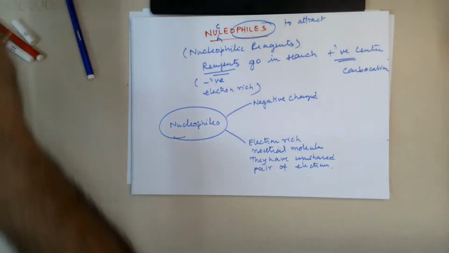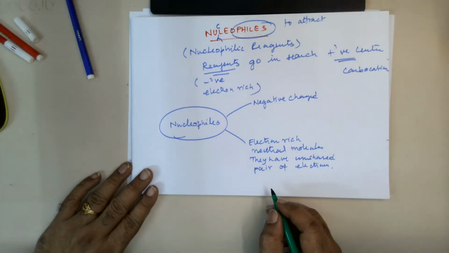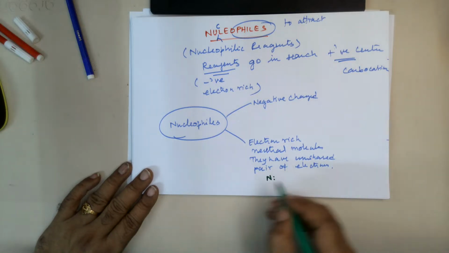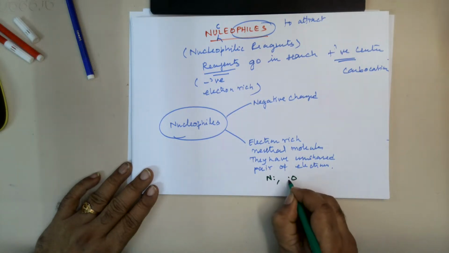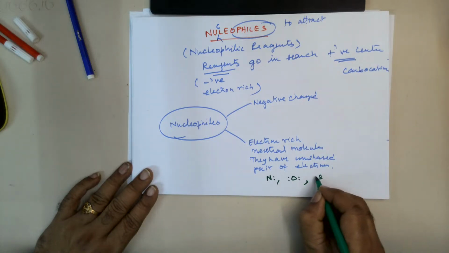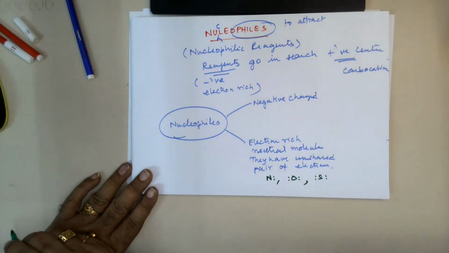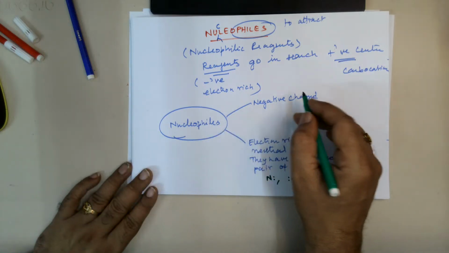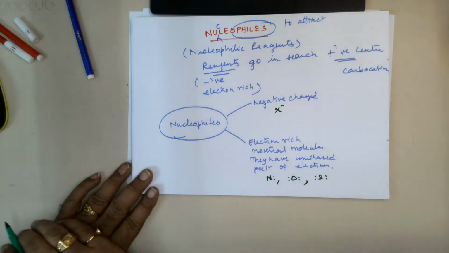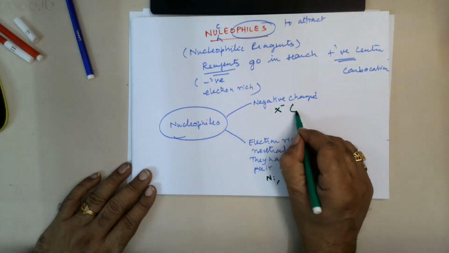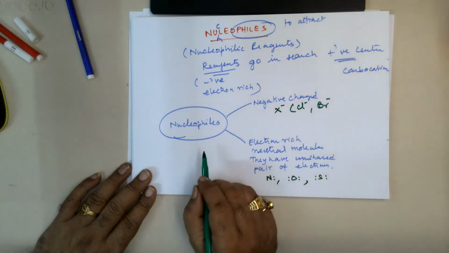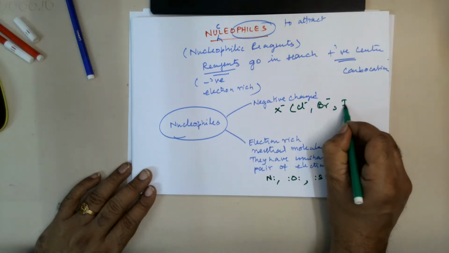For example, we have nitrogen with a lone pair, oxygen with two lone pairs, sulfur with two lone pairs, and negatively charged halides. You can simply represent them by X minus. So this can be Cl minus, Br minus, iodide minus.